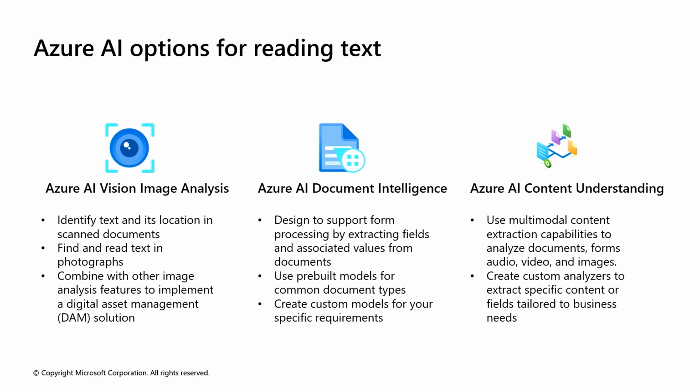Azure AI Document Intelligence specializes in forms and structured documents, such as invoices, receipts, and purchase orders. It doesn't just digitize text, it understands the semantic meaning behind fields and values, enabling automation of tasks like expense processing or purchase order validation. These services can be used individually or combined to create comprehensive solutions.